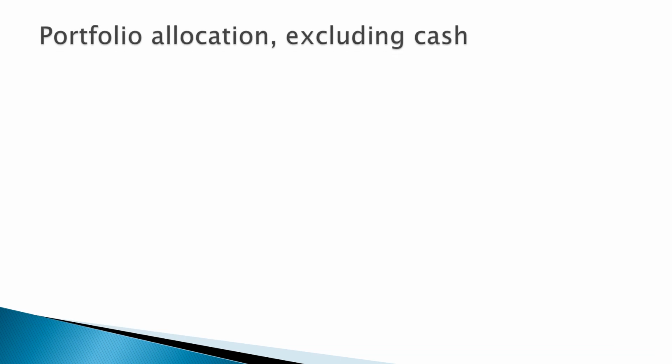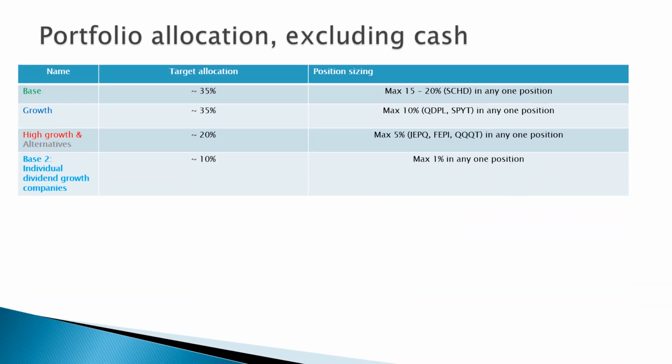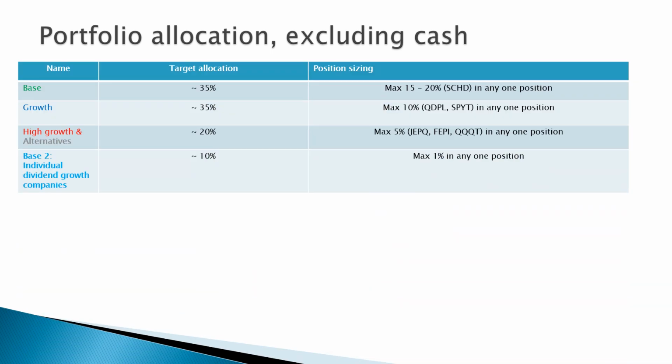Let's now discuss the allocation, having understood the ETFs that make up my portfolio. I'm going to chunk them up into 4 groups. Base, which consisted of, if you remember, holdings like SCHD, JEPI, DIVO, SCHY. So they are, in theory, not going to move in sync with the S&P 500 or the NASDAQ.